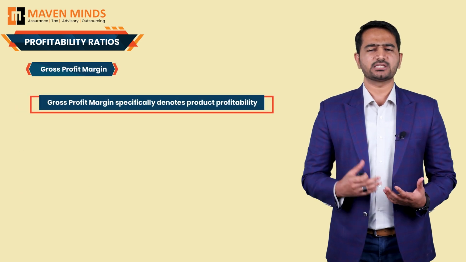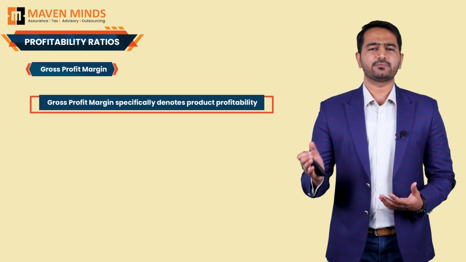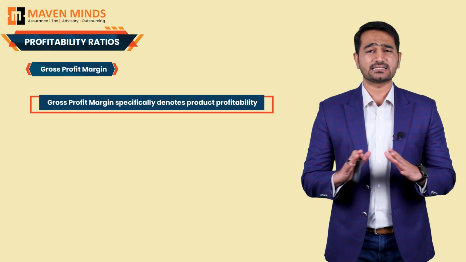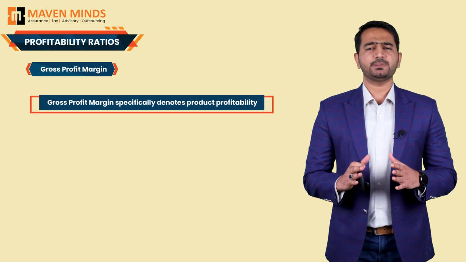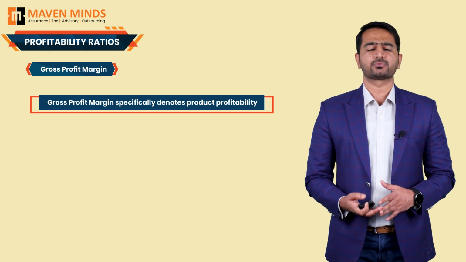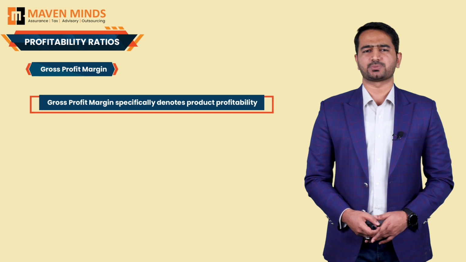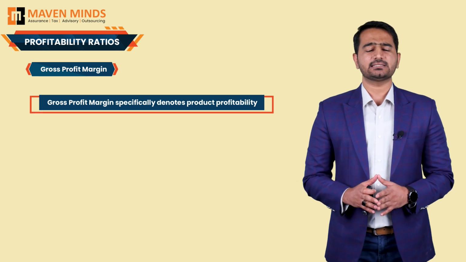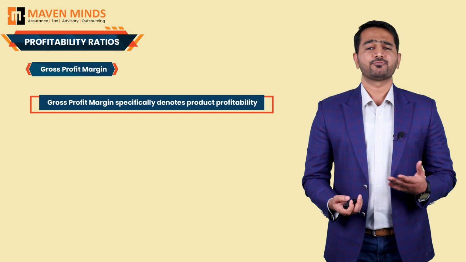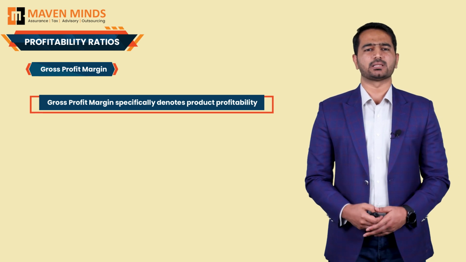A lot of the time students make a mistake by relating the GP margin to administrative expenses, but that's incorrect. GP margin focuses only on the profitability of the products sold, not overall expense management. The idea is that a high gross profit margin provides a potential for a good bottom line as well.